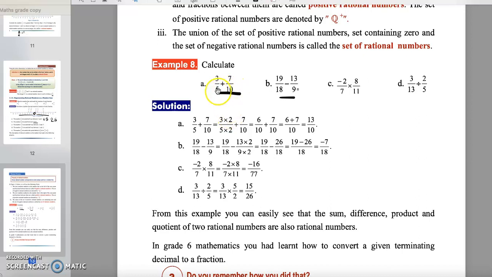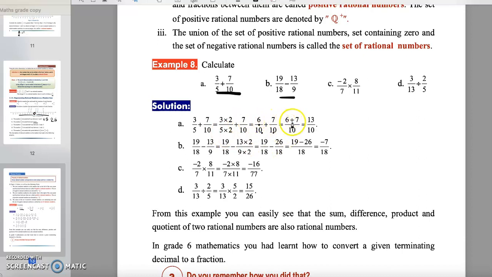So we have to multiply 5 by 2 in order to make it the same as 10. We multiply both the numerator and the denominator by 2, which is 3 times 2 and 5 times 2. So 3 times 2 is 6 and 5 times 2 is 10. So now we made the two denominators the same. Now we can actually add.